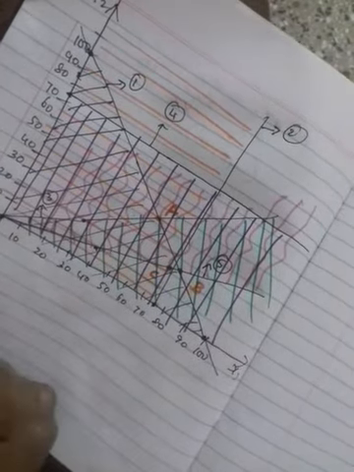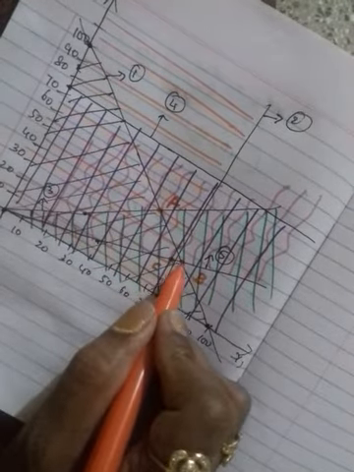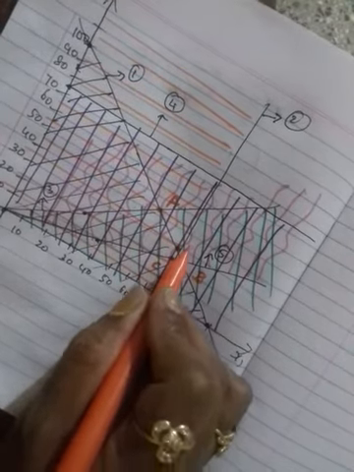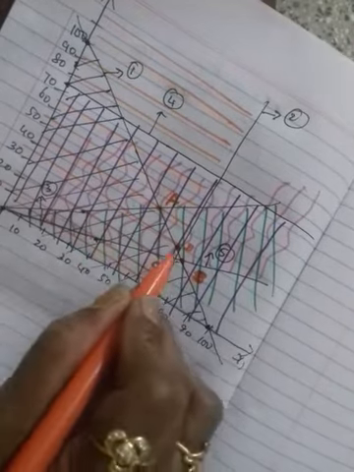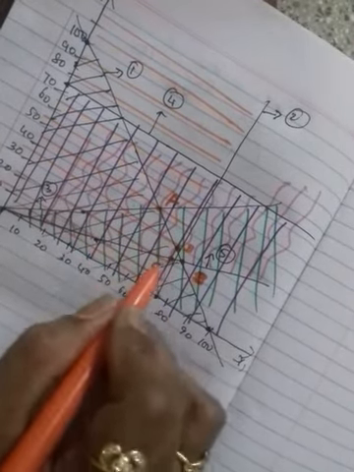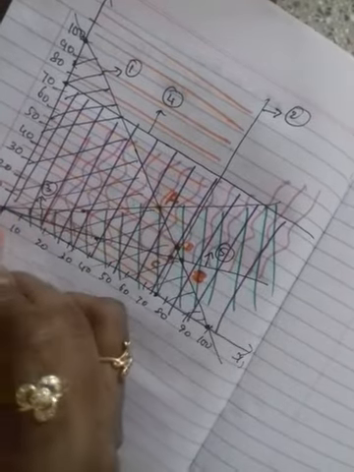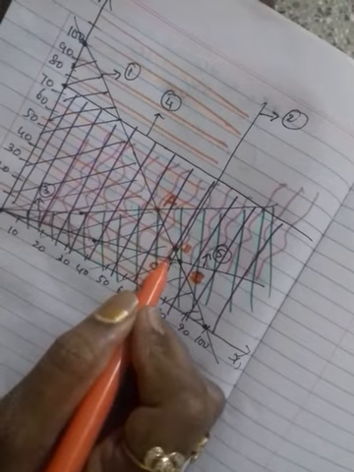No, here, this one, not here, this point. Here this is B. If you take it on a graph sheet, you can easily identify. I am using rough paper, so it's a little difficult to identify. So O, A, this point, and this one.